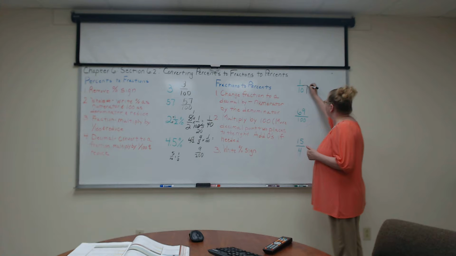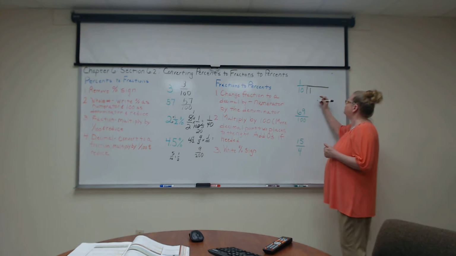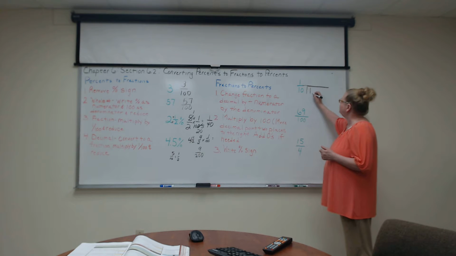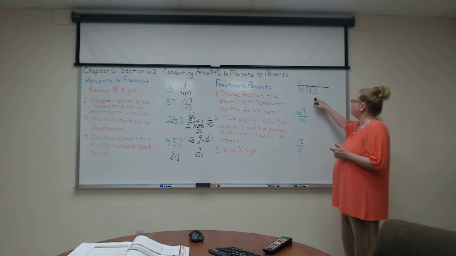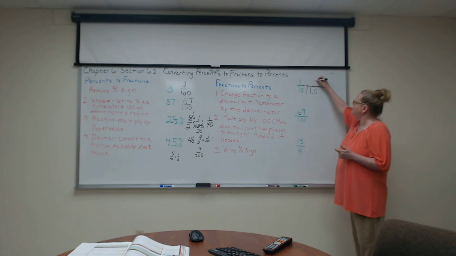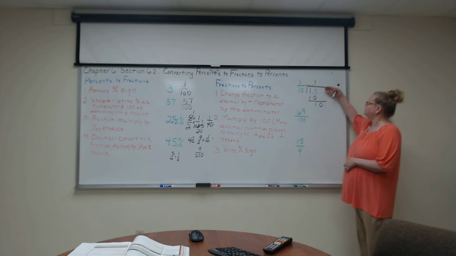In this problem, we divide 10 into 1. Well, we can't do that, so we have to add a 0. When we add our 0, 10 goes into 10 one time. So 1 times 10 is 10, and our answer ends up being 0.1.